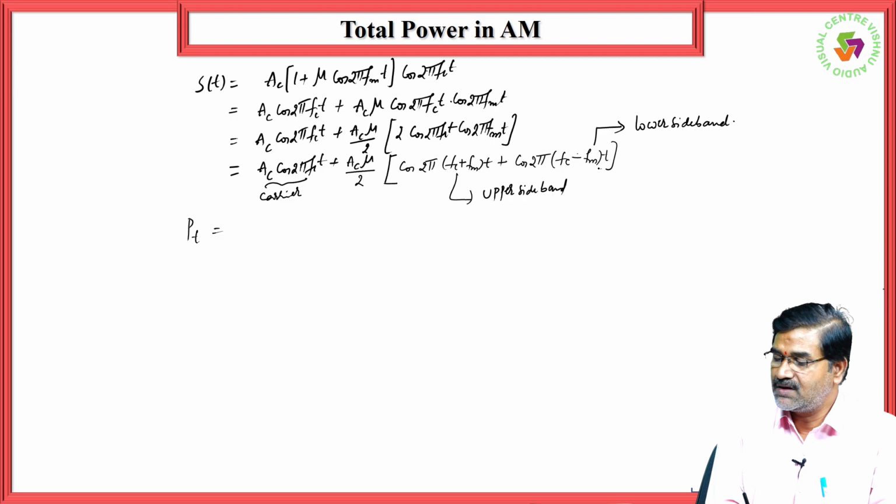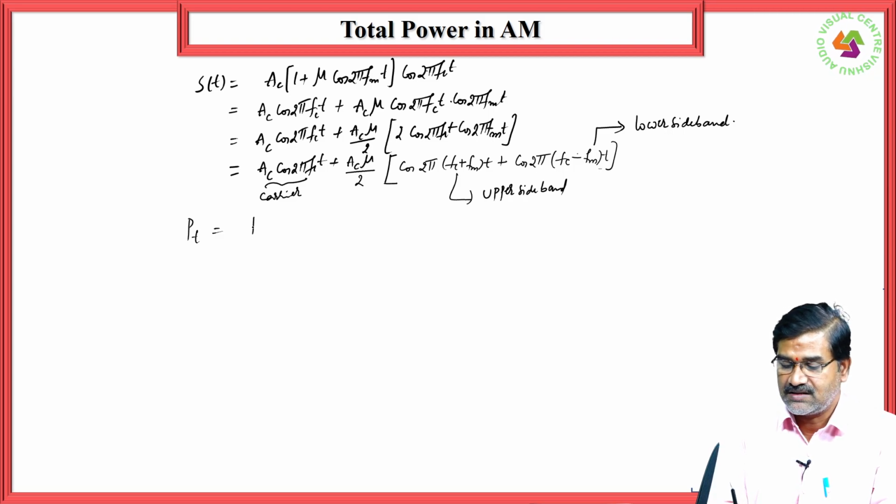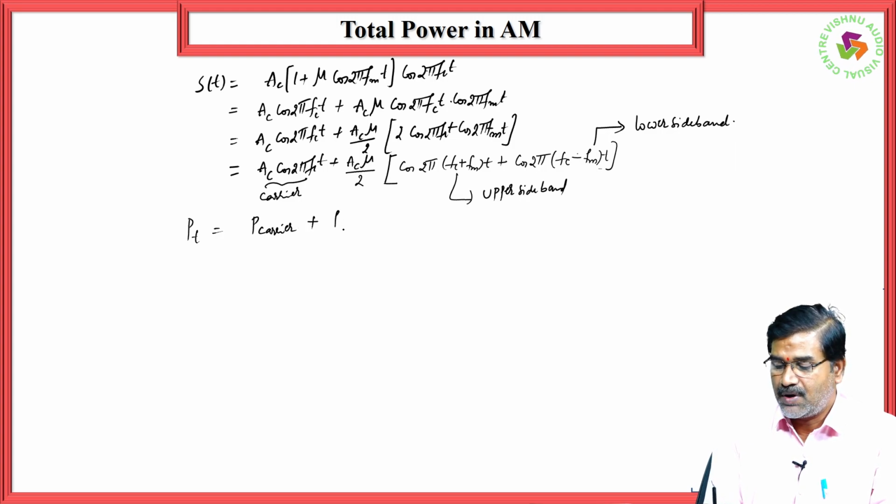Now the total power content in the signal can be written as P, the power in the carrier, plus power in the USB component, plus power in the LSB component.